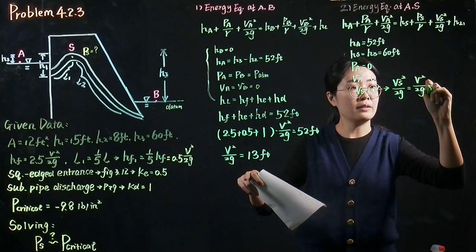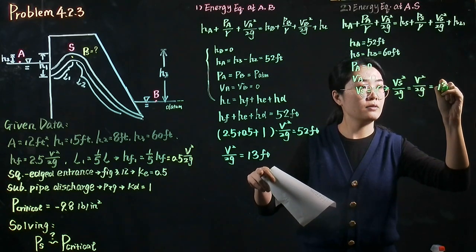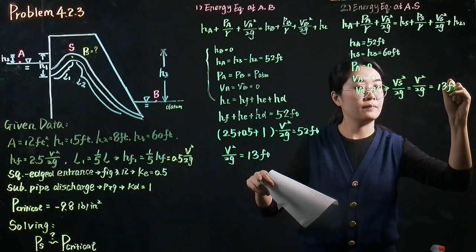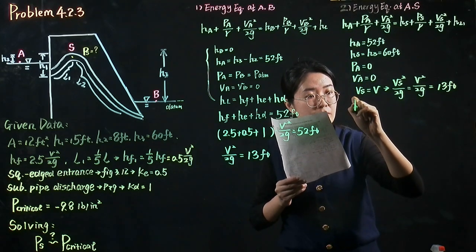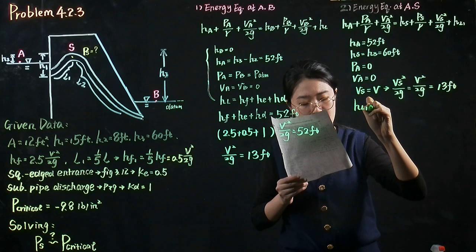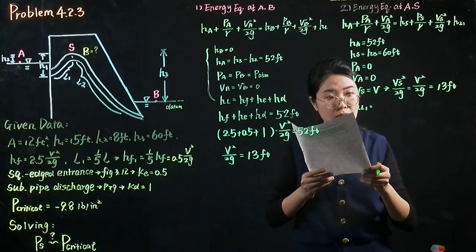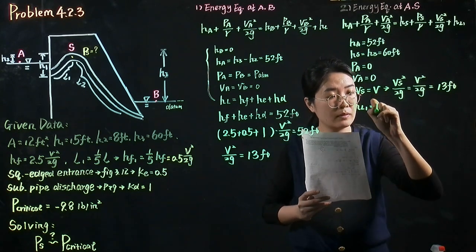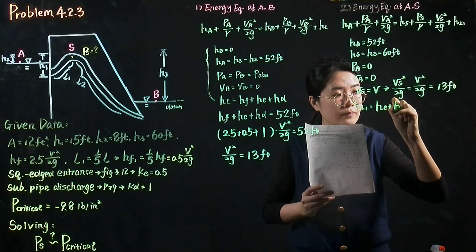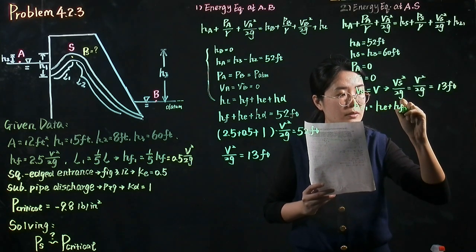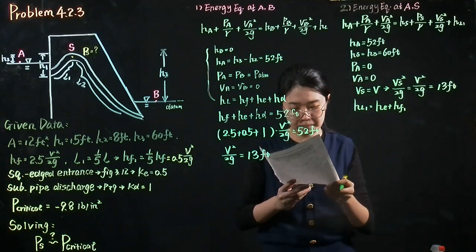We already know its value equals 13 feet. So the head loss in L1 equals the entrance loss plus the friction loss in L1.